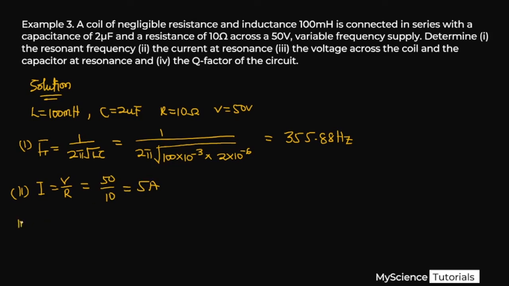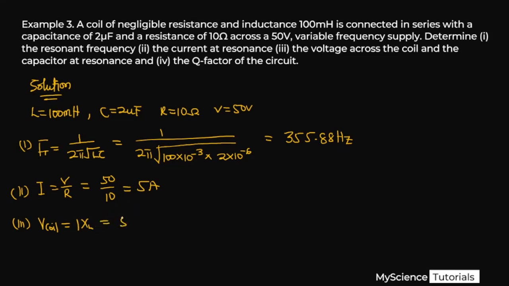So let's go ahead and find part III, the voltage across the coil and the capacitance at resonance. We're told that the coil has a negligible resistance and only inductance, so our voltage across the coil, V coil, is equal to I XL.